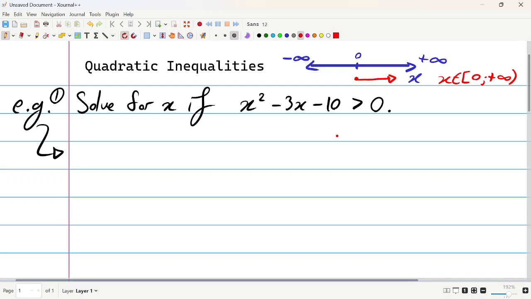And infinity is excluded. Notice that we always exclude infinity or negative infinity. Why? Because we can never actually get to infinity. It is endless.